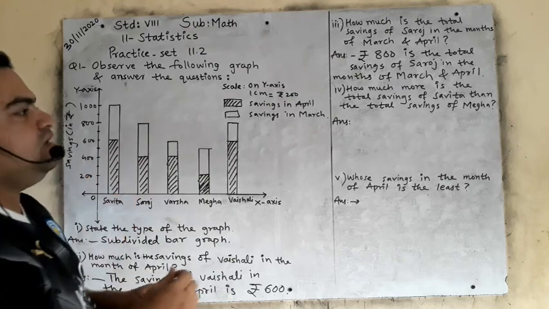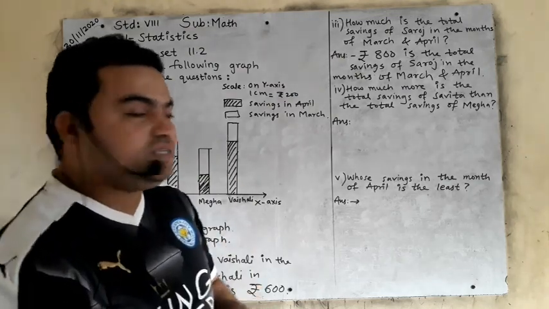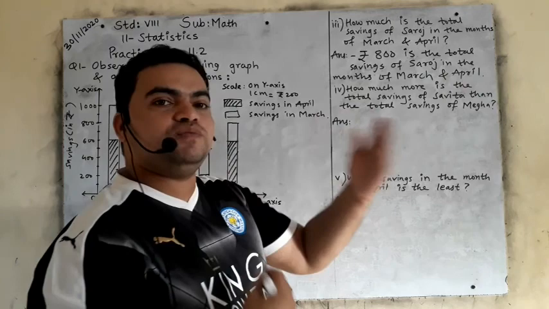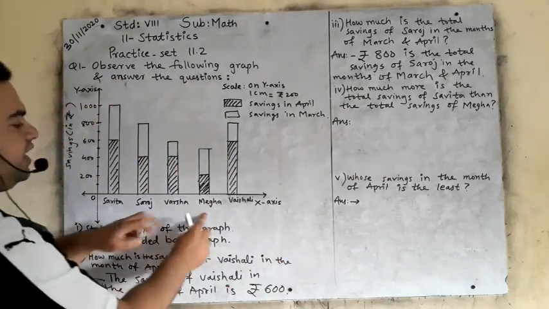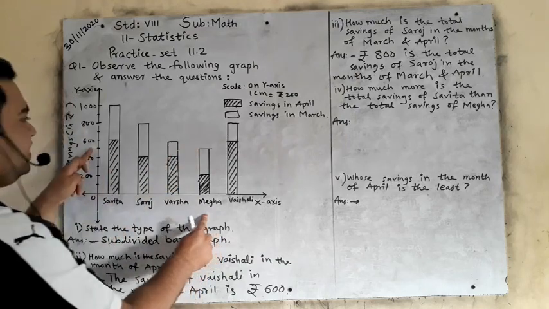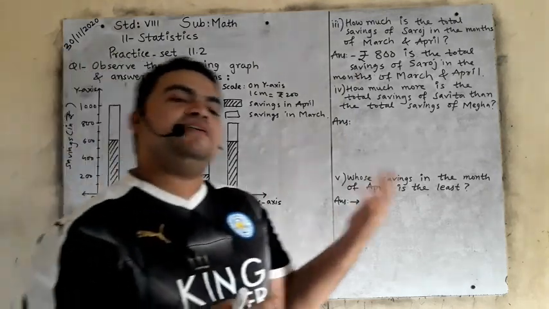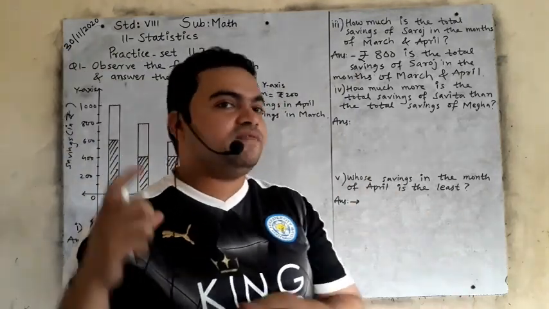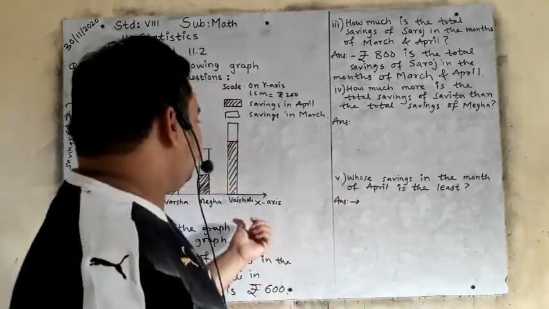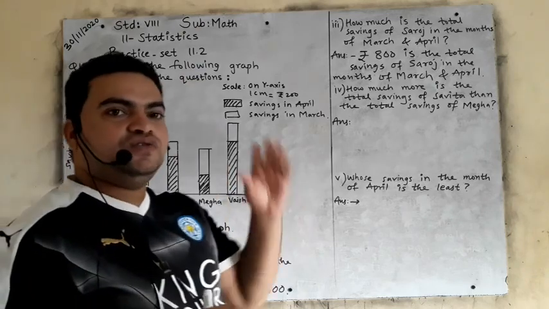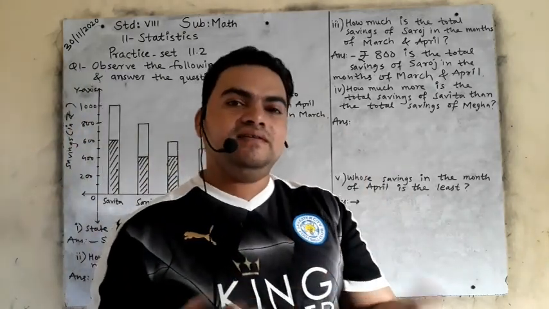Is it clear? So you have to do subtraction. Why subtraction? Because it is given 'how much more'. Savita's saving is rupees 1000 and Megha's saving is rupees 500, so 1000 minus 500 is 500.